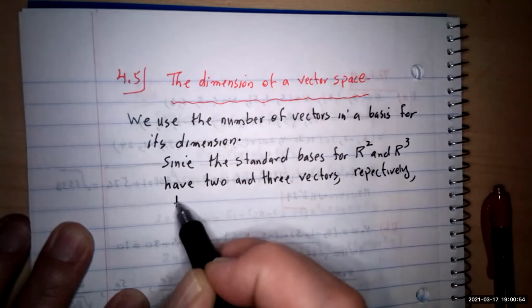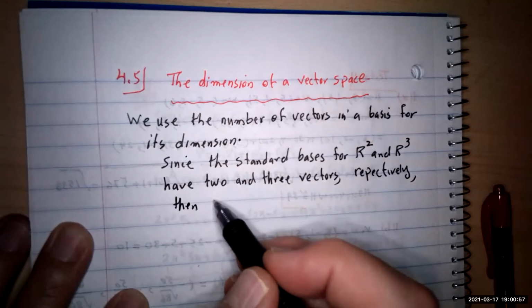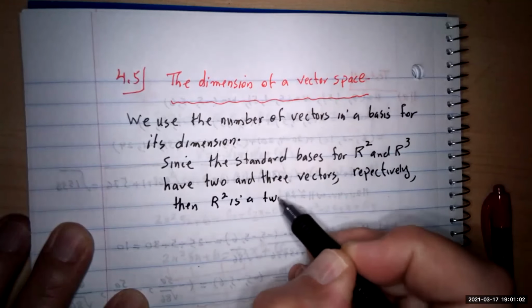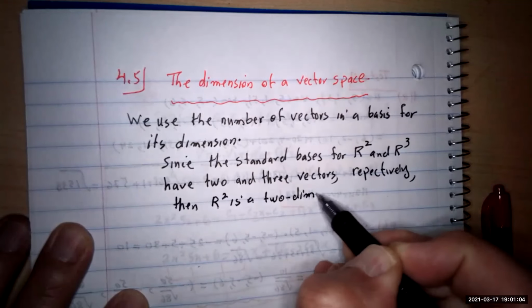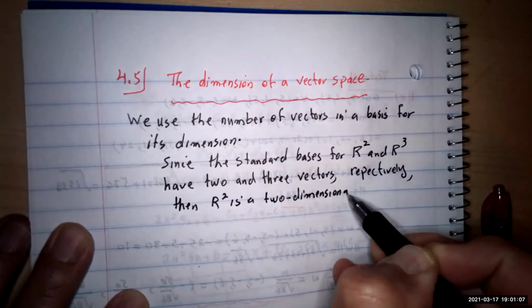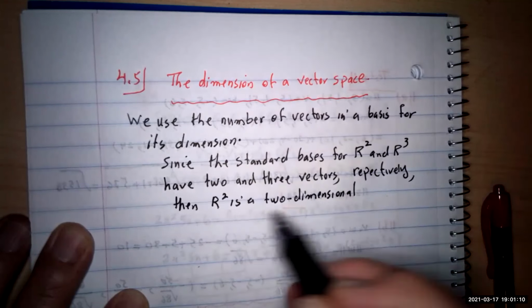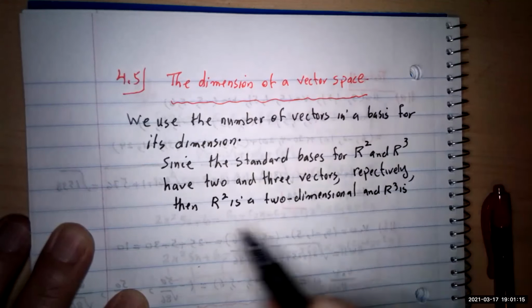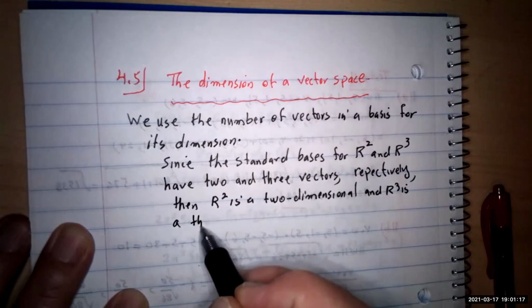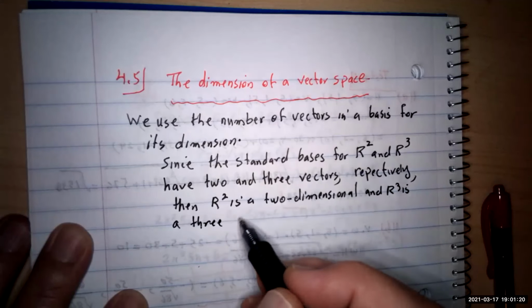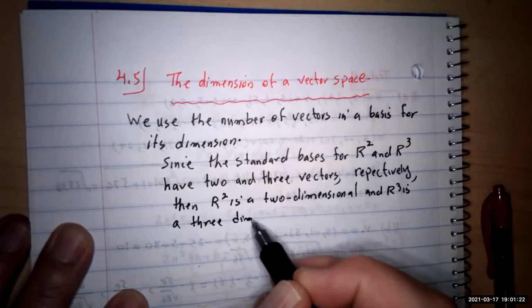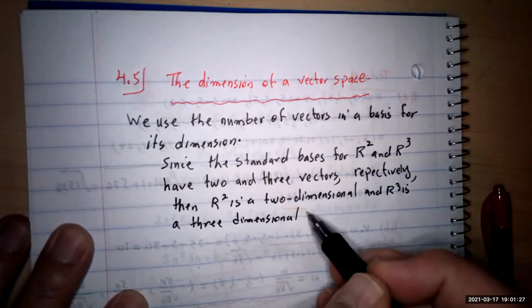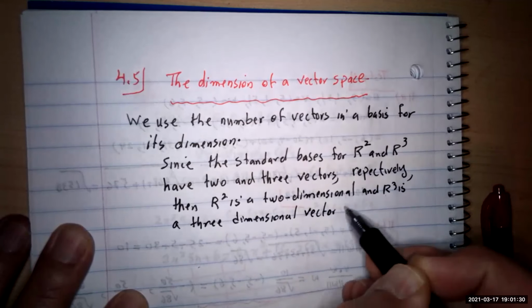So then we say that R2 is two-dimensional, and R3 is three-dimensional. These are vector spaces.